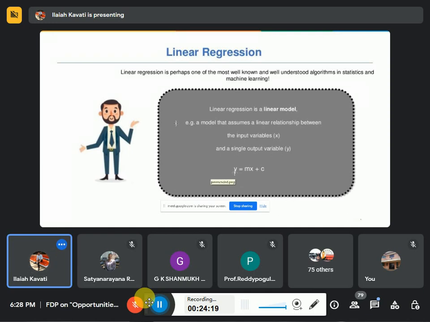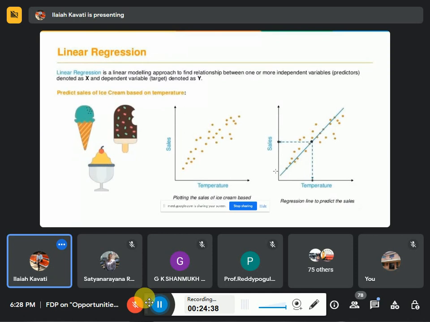Likewise, x can be my experience and y my salary. So we can model this linear regression model using the mathematical equation y equal to mx plus c.